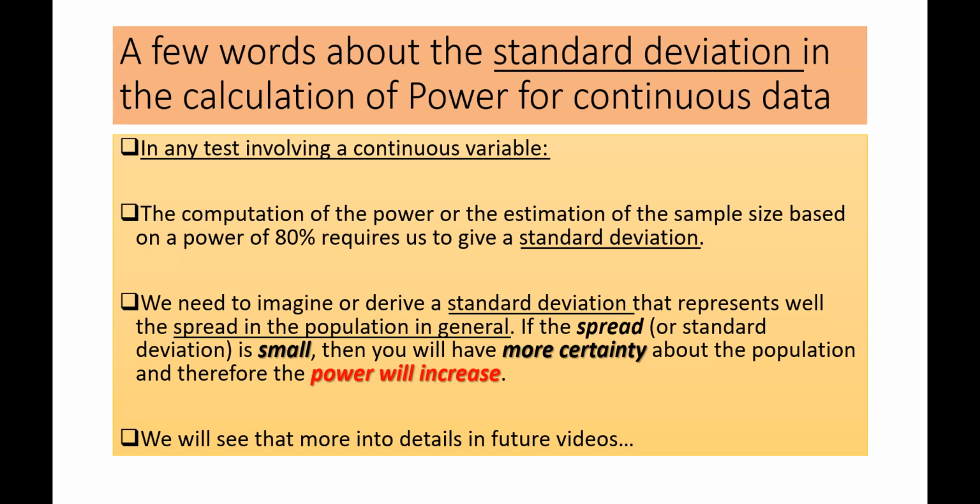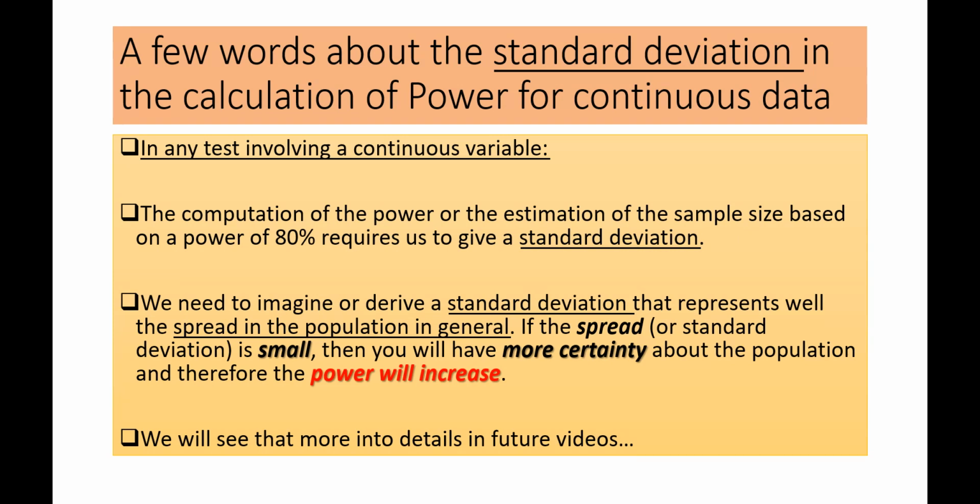So you also need sometimes, like for the case of continuous data, in order to compute the power, you need to give a standard deviation. If you don't have any historical data, you need to find a practical standard deviation, what you think would be the standard deviation in this group. But in general, you have historical data. You can measure some men and women, get their standard deviation, and then put the standard deviation in a power calculation.